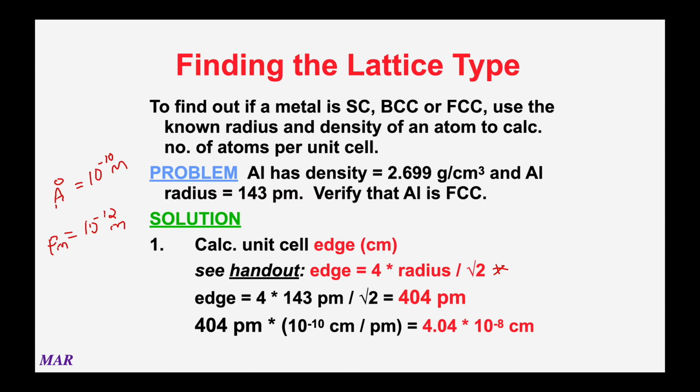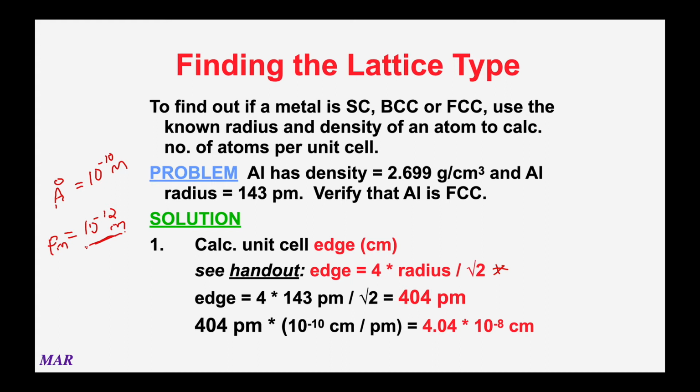So you can see in this part of the problem, 4 times the radius, 143 picometers, divided by the square root of 2, gives 404 picometers. But because you can see the density is listed in grams per centimeter cubed, we better turn our picometer edge into a centimeter edge. So you can take 404 picometers, multiply by 10 to the minus 12 meters per picometer to get rid of the picometers, and then divide by 10 to the minus 2 meters per 1 centimeter. 1 centimeter would be on top, 10 to the minus 2 on the bottom.